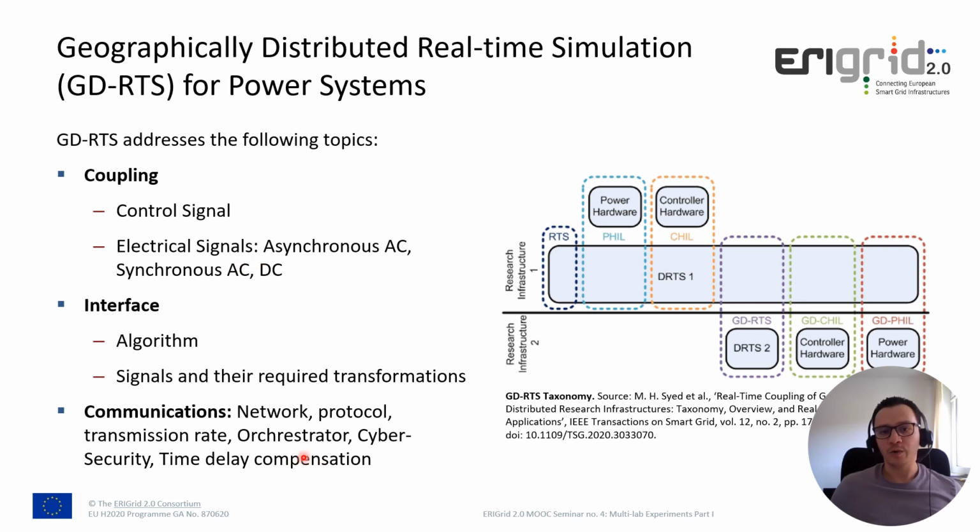If there is required some orchestration module, we need to take care of the cybersecurity of these communications. And finally, because the communications channel introduces relevant time delays, then we need to implement proper time delay compensation algorithms.